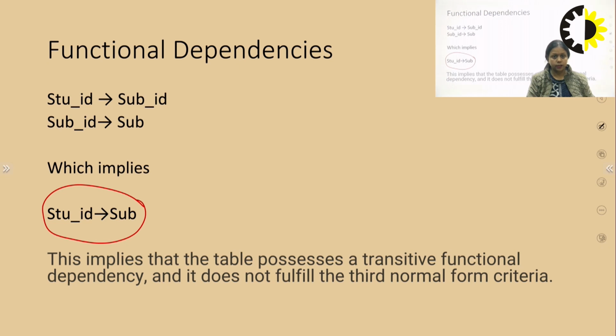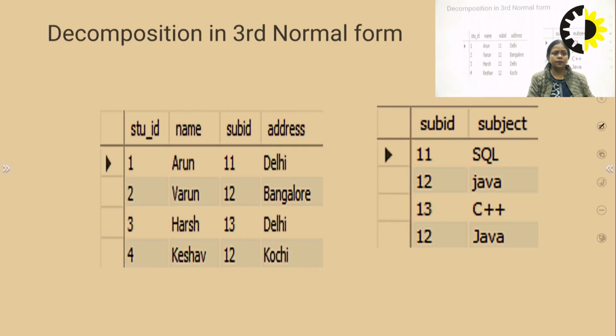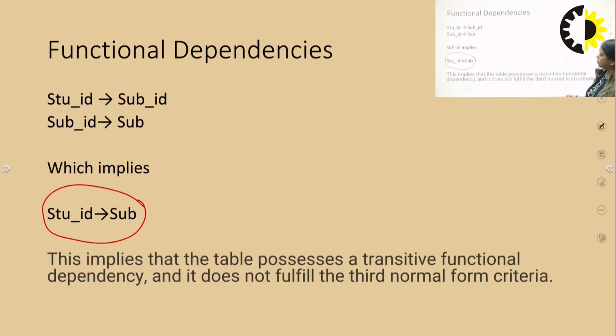You can see we have decomposed the table into these two tables. In the first table, sub ID and subject, we have kept these two attributes in a different table, because subject and student ID create the problem here.